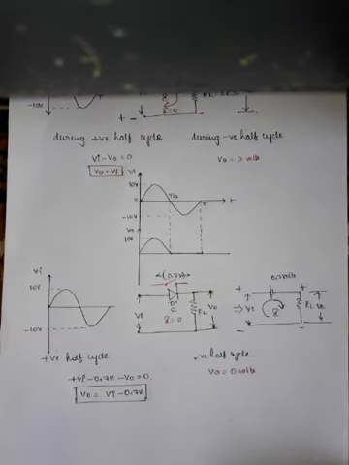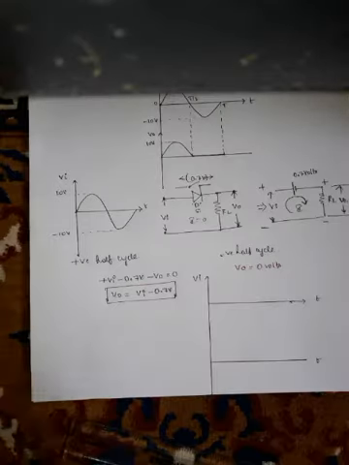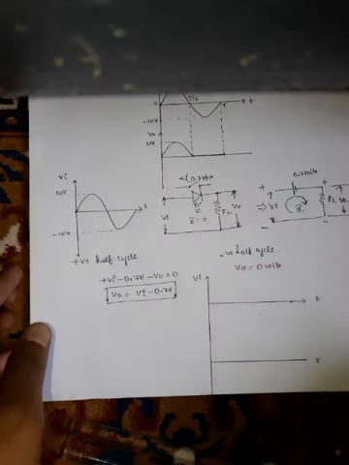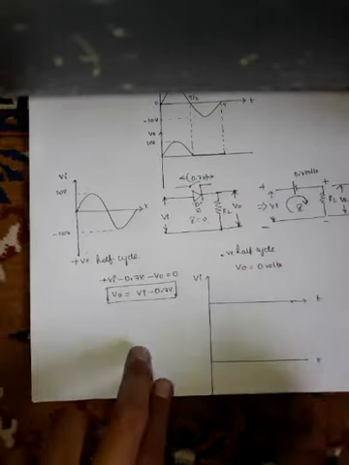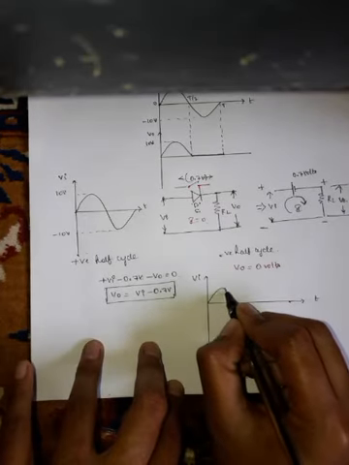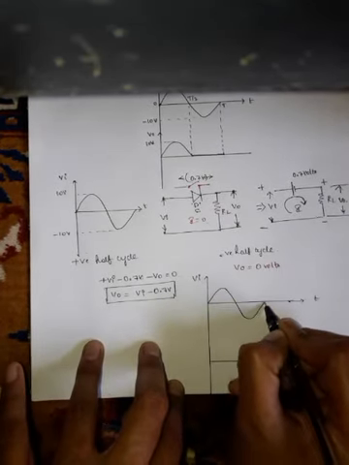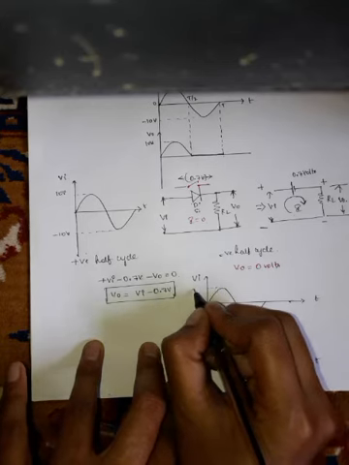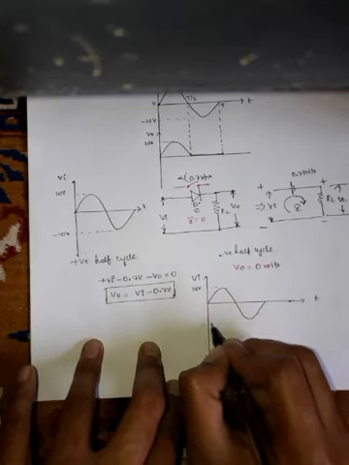Let me draw the waveform for this. You need to be careful while drawing the waveform. So this is the input waveform. We are having an amplitude of 10 volts.